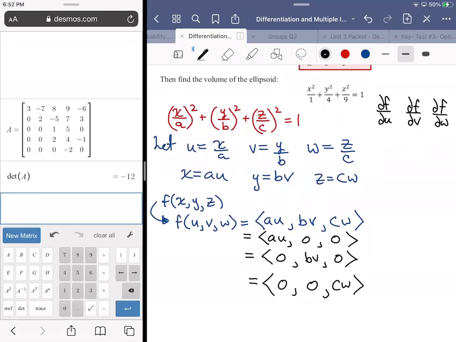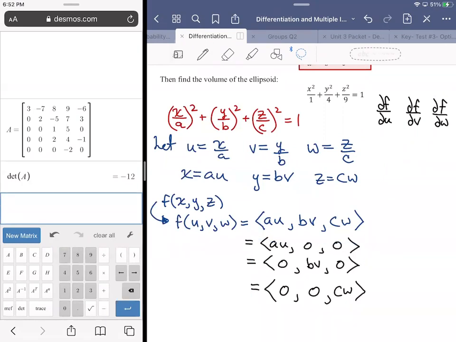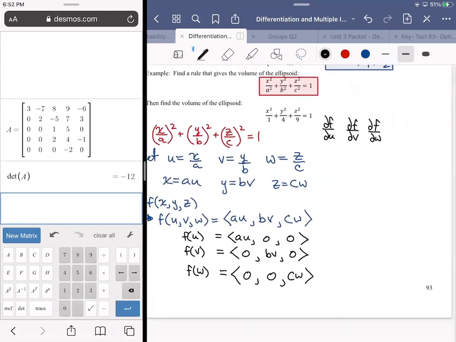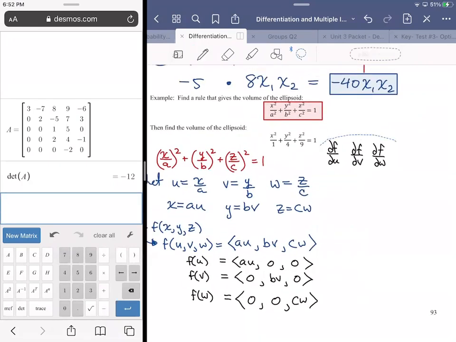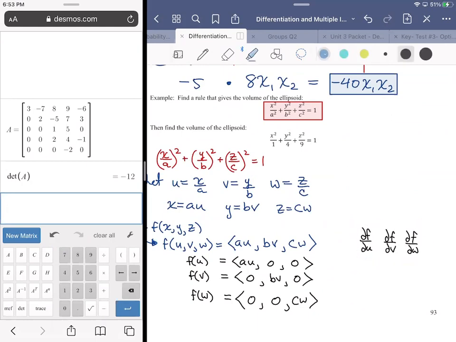Yeah. So we're decomposing it into three separate vector valued functions, specifically the cases along the x, y, or the u, v, and w vectors, right? So this would really become f of u, f of v, and f of w. All right, so I'd be looking to find f of u, v, and w for each one of these functions.